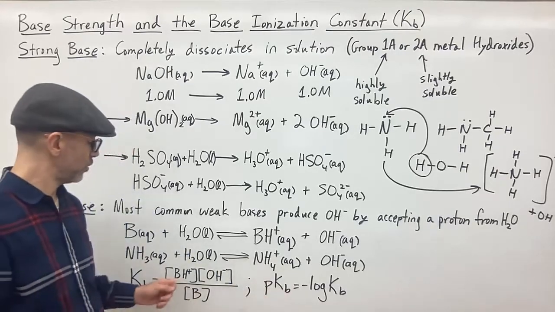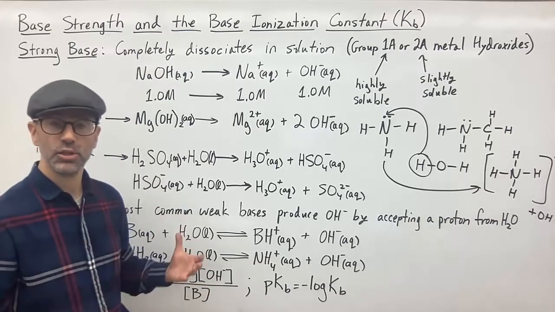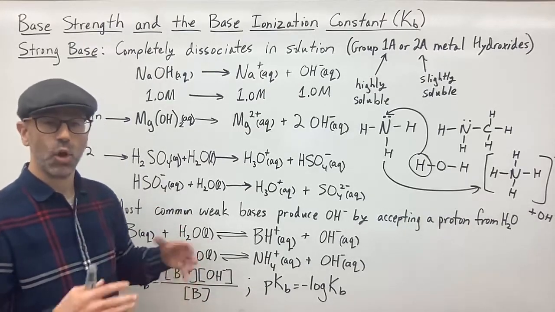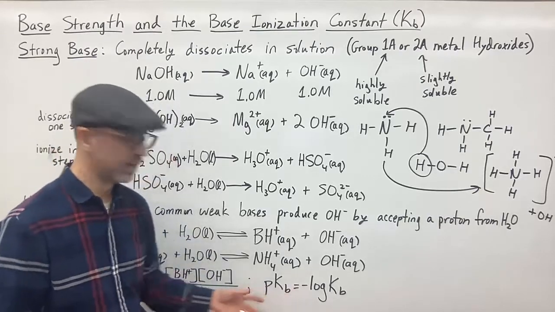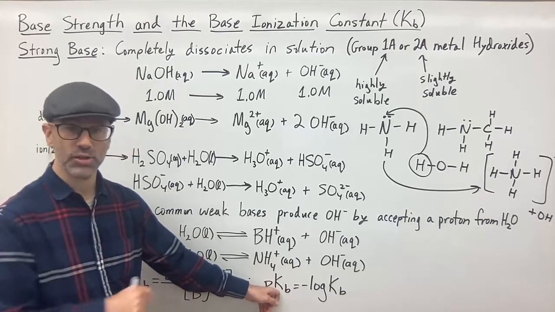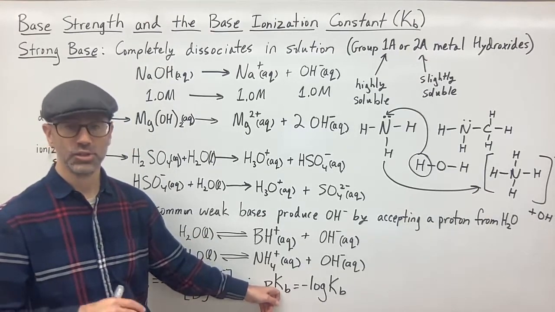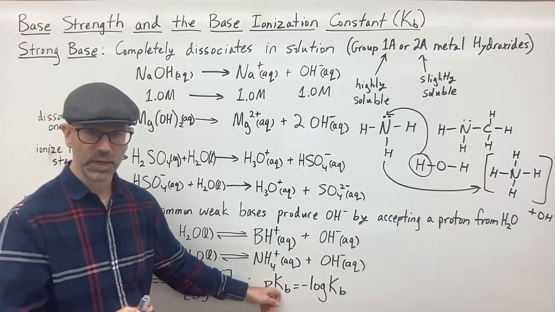So just like with your Kb, the larger the Kb, the stronger the base. The lower the Kb, the weaker the base. But if you take the negative log of that, then it's the opposite. So then that means that the smaller the pKb, the stronger the base. The larger the pKb, the weaker the base.